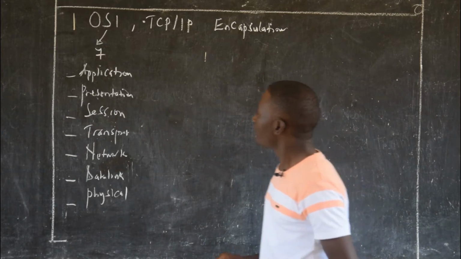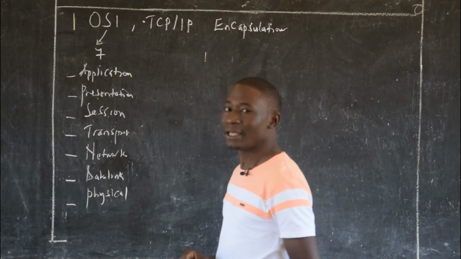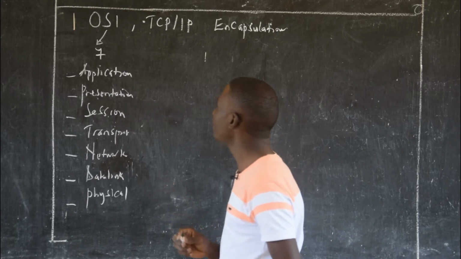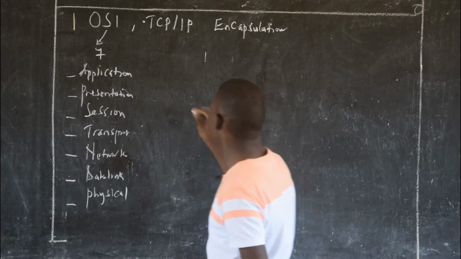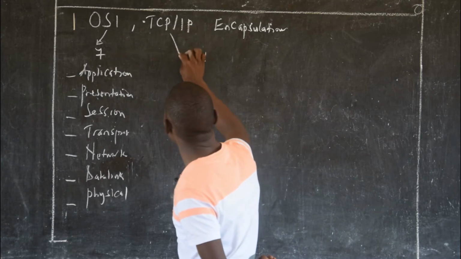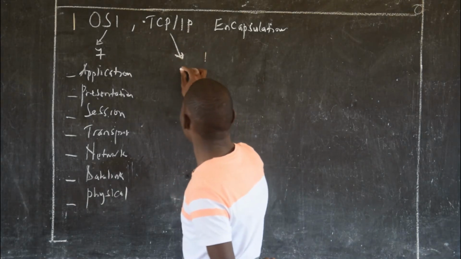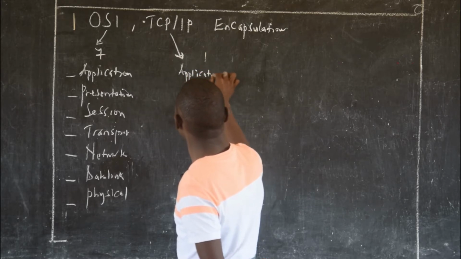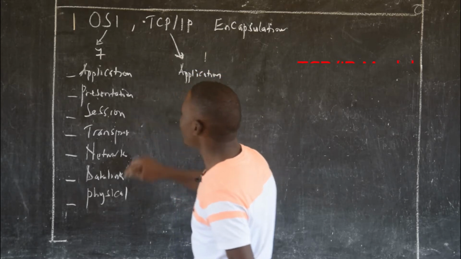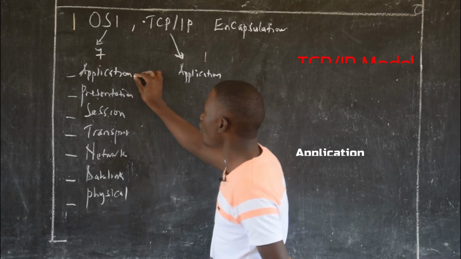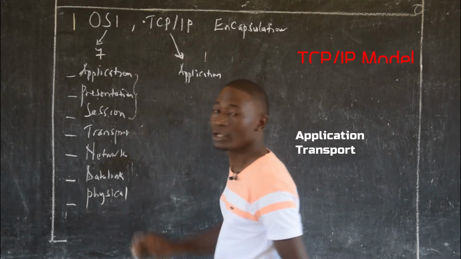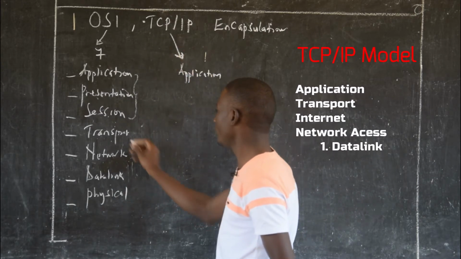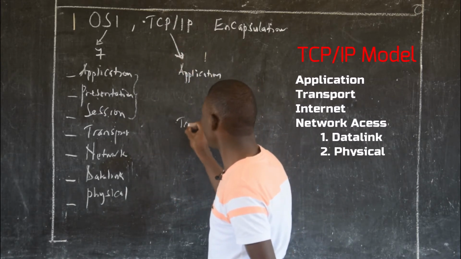So before we explain both of them, we are going to give the layers in each of the OSI model and the TCP/IP model. So in the TCP/IP, we have the application layer. All these ones are combined and narrowed down to the application layer in the TCP/IP. Then comes what we call the transport layer.